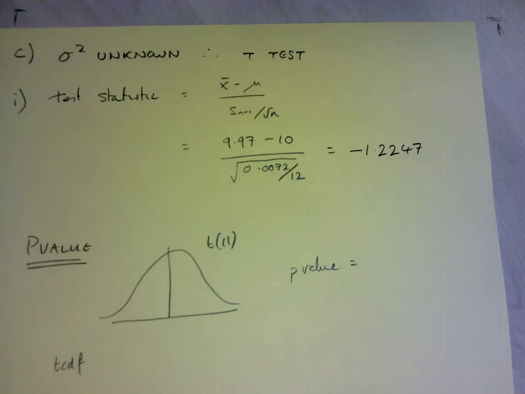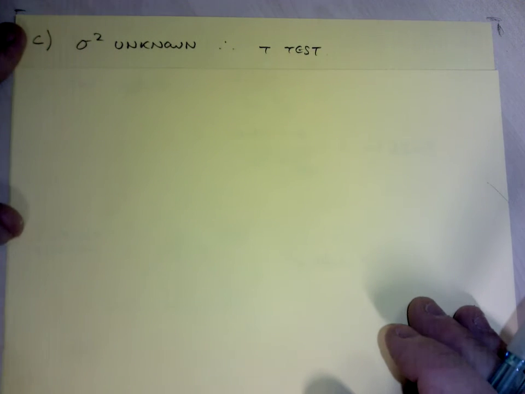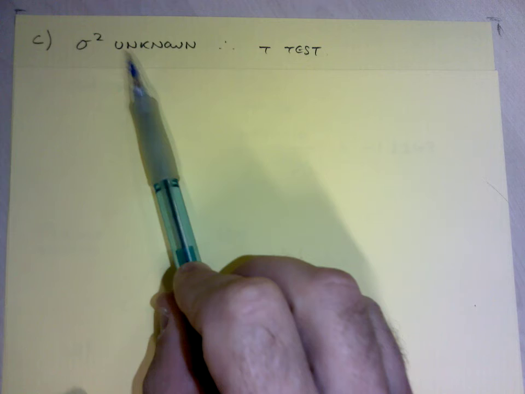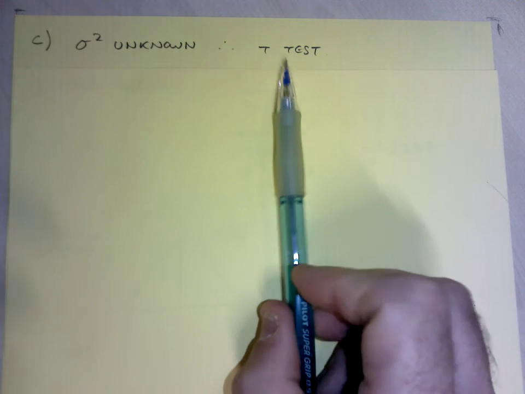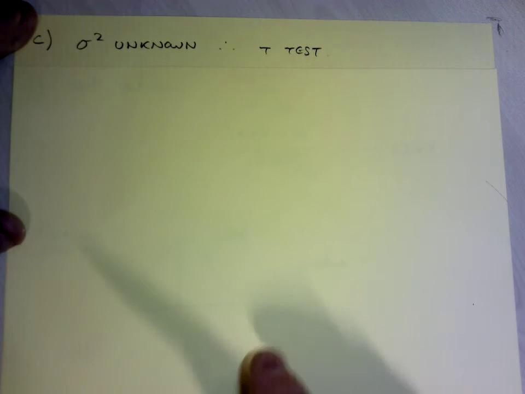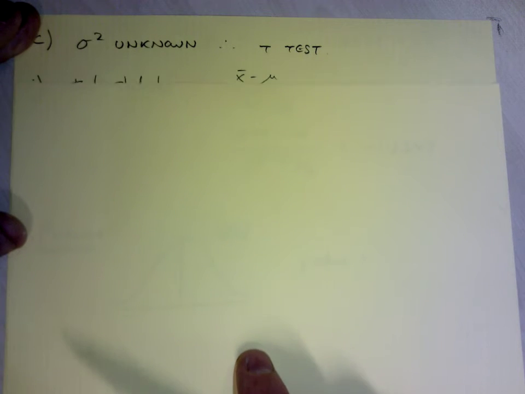Part C then gets us on to doing the hypothesis test. So the key thing first of all is that the population variance in this question is unknown. So that tells me I'm going to be doing a t-test. As soon as I've got a t-test, and you can do it on your calculator, I'll show you in a moment, but I like to do the calculation so that I know what's going on.